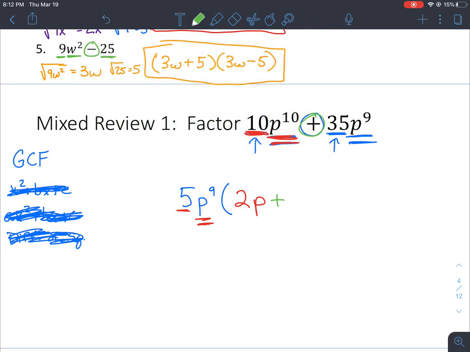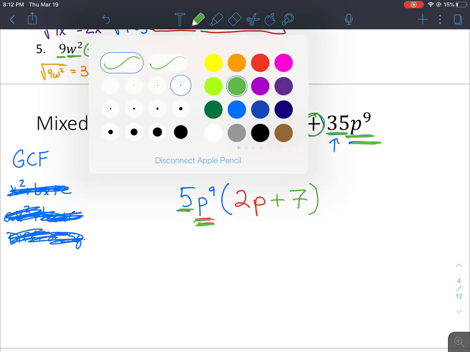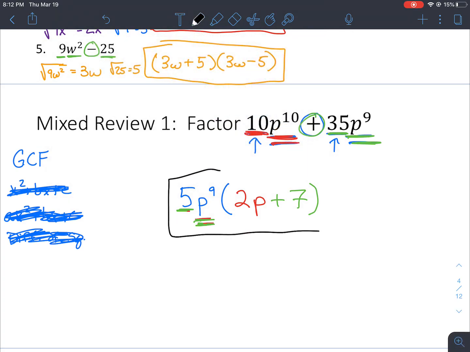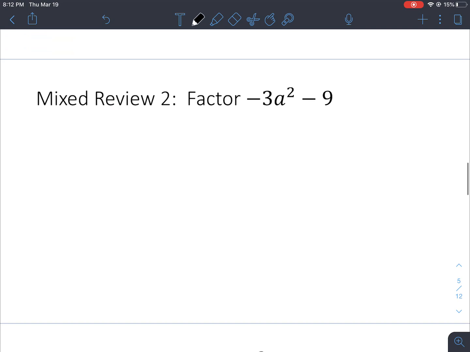Plus 35 divided by 5 is 7. P to the 9th divided by p to the 9th is just 1, so it would be times 1 at the end, which we don't need to write in. And there's our final answer: 5p to the 9th times 2p plus 7 inside the parentheses.